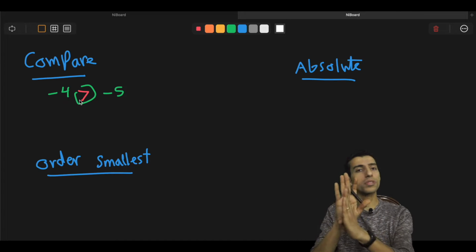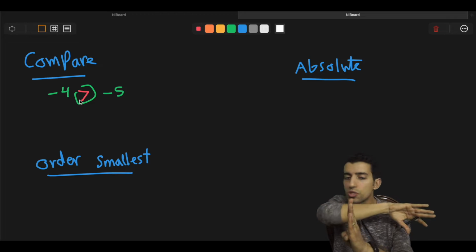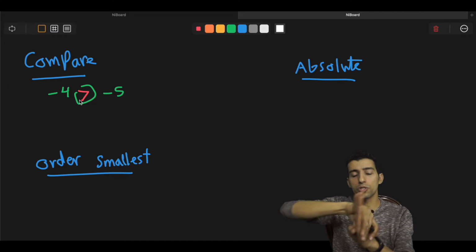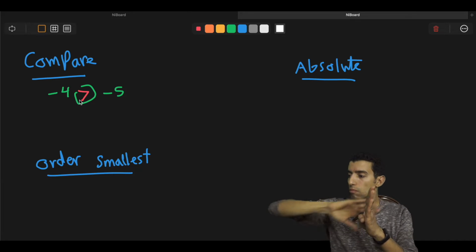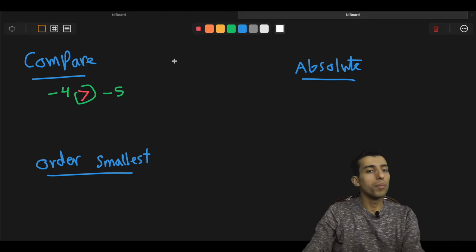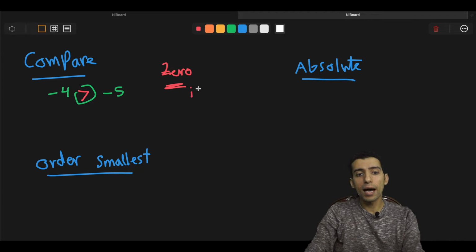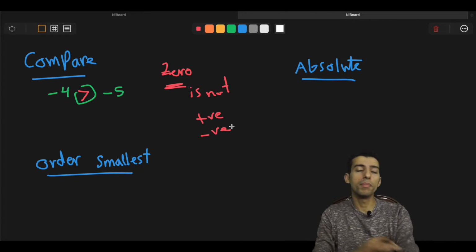Since 0 is in the middle, all negative numbers are on this side, so all negative numbers are smaller than 0, and 0 is smaller than all positive numbers. And because of that, as you know from before, 0 is not positive or negative because it's in the middle.